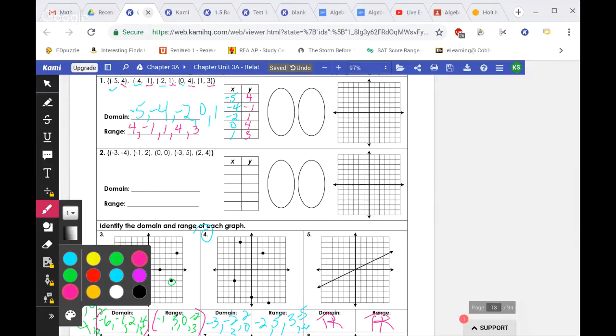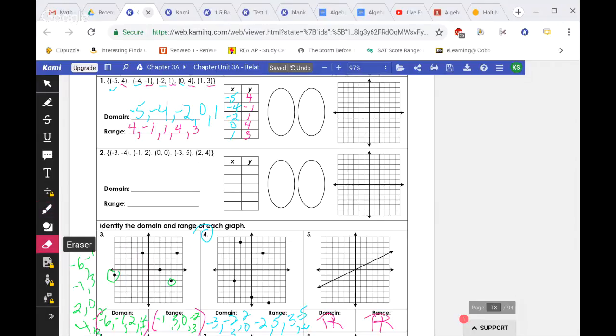I thought when we were listing them, we didn't have to repeat the numbers. Did I repeat one? Yeah, 4. Ah, I did. Yes, you're right. Thank you. I think I just didn't notice. You do not have to repeat them. The ones that we put in least to greatest order, that's the order they're in.